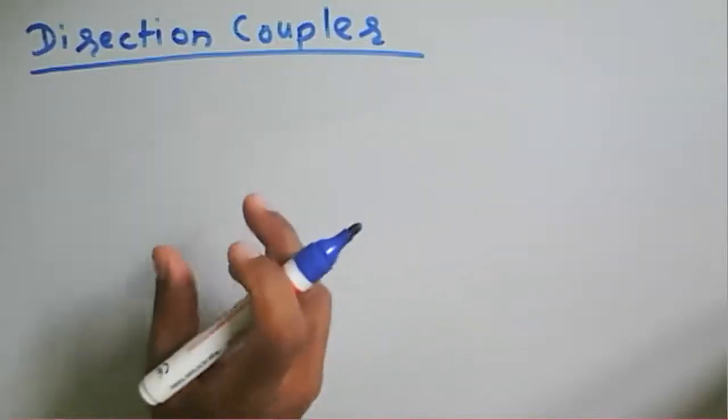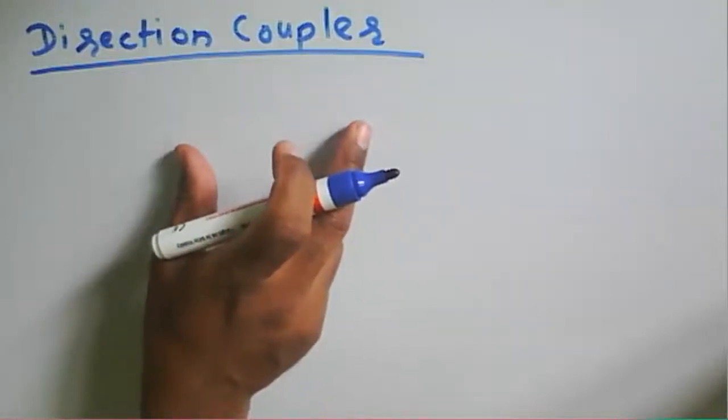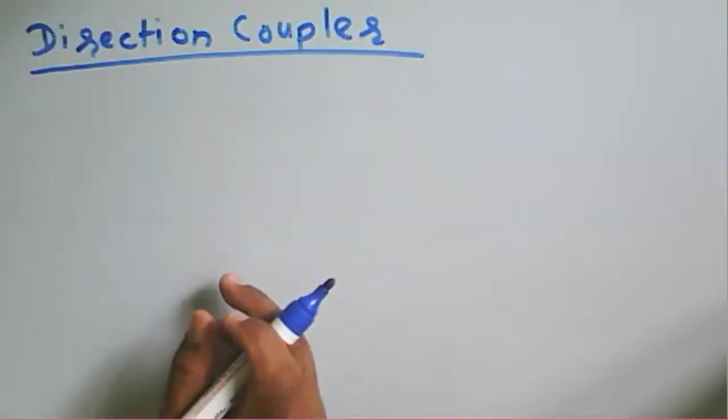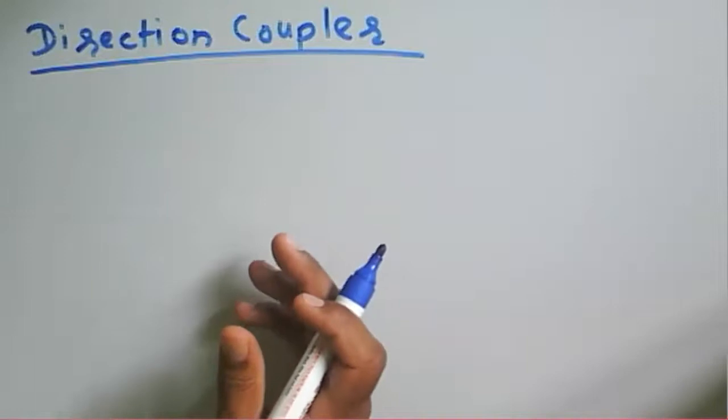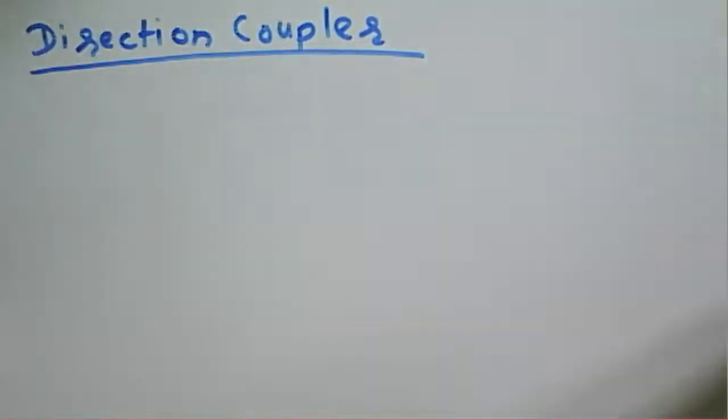Similarly, today we will learn that a directional coupler is nothing but one junction, and that junction will receive power from one source or from many sources.